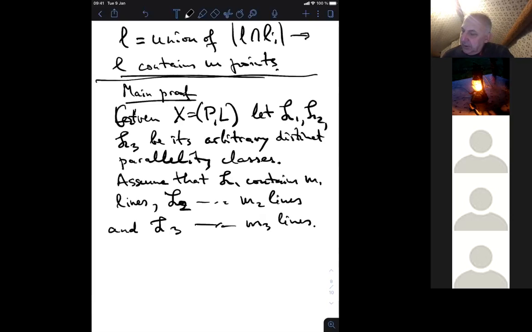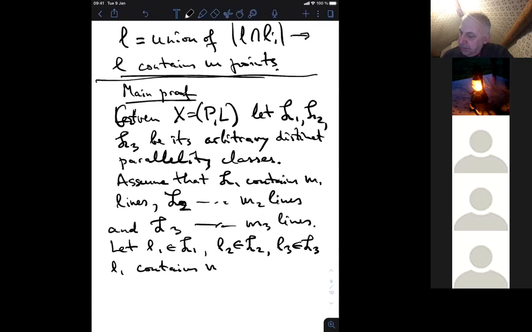So let little l1 belong to capital L1, little l2 to capital L2, and little l3 to capital L3, and say l1 contains n1 points, l2 contains n2 points, l3 contains n3 points.